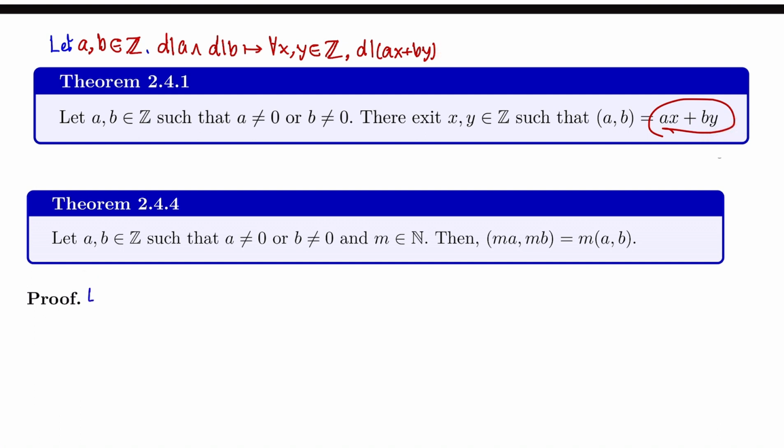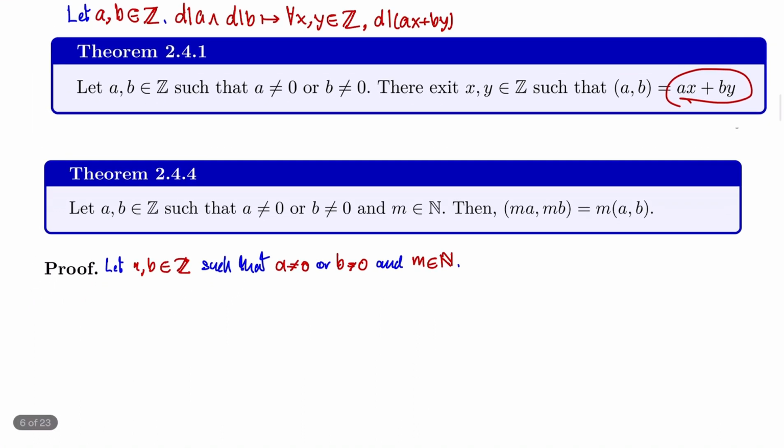So we let a and b be integers such that a is not 0 or b is not 0, and we let m be a positive integer. Then you want to start with the greatest common divisor of ma and mb.